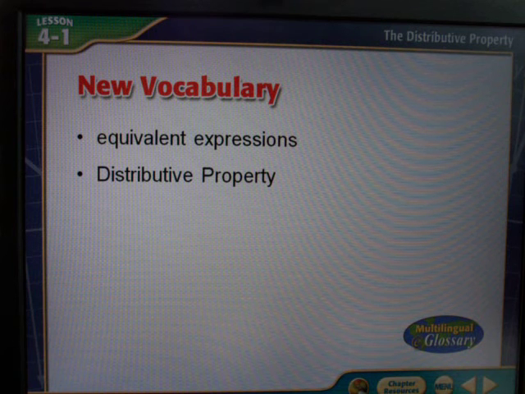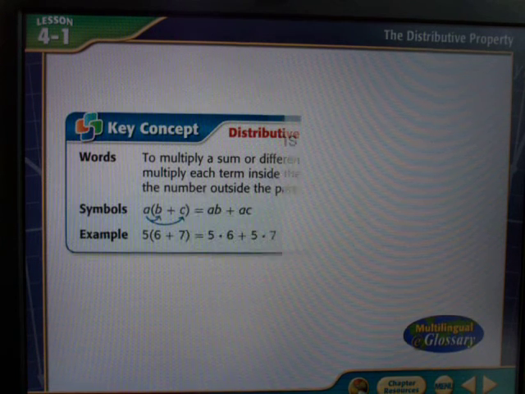Then the distributive property is where we use parentheses and we multiply by a number for each addition problem within the parentheses. I know that's probably not the best way to go about explaining it, but you'll see an example of it and it'll explain it way better than anything I could do.